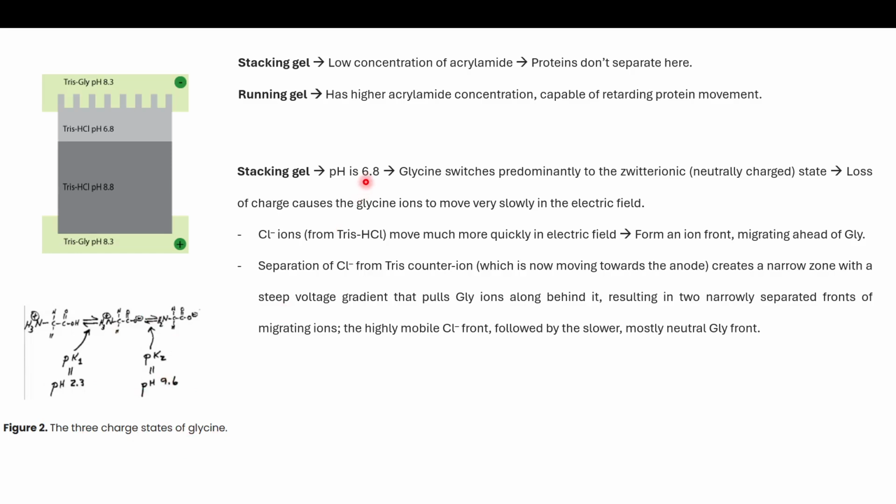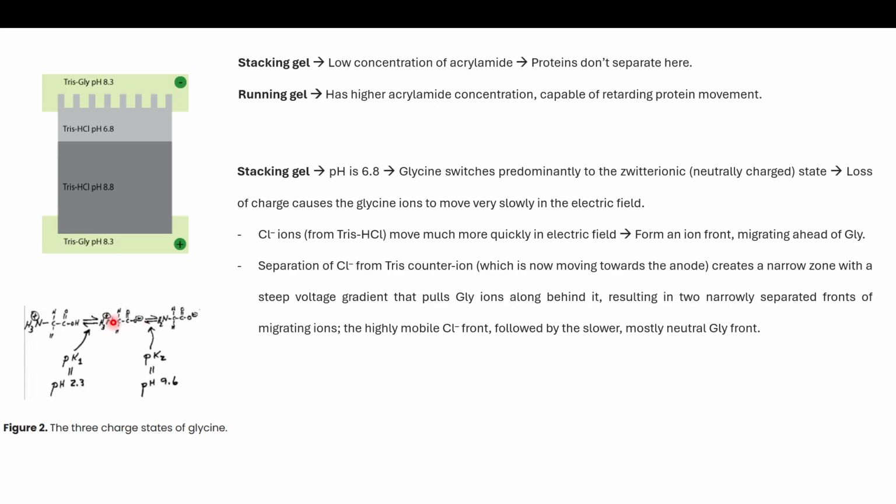Now, at pH 6.8, glycine switches predominantly to the zwitterionic or neutrally charged state. This is the middle one. It has no net charge on it. So the loss of charge causes the glycine molecules to move very slowly in the electric field, because they don't have any preference towards an electrode.